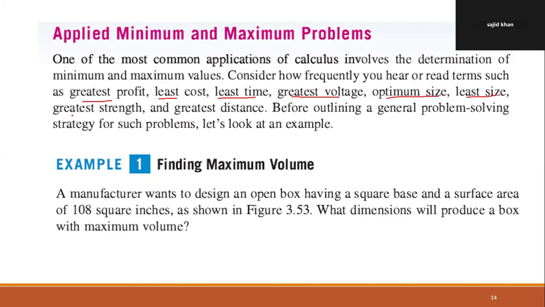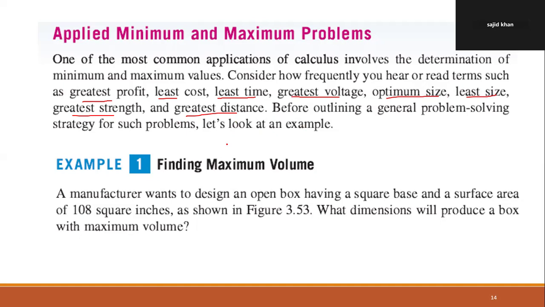These are common terminology in daily life usage. So how to optimize, how to check the minimum or maximum cost, profit, voltage, size, least time, least cost, maximum profit, maximum loss.